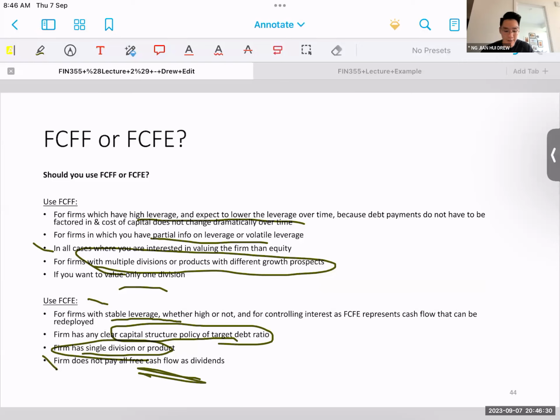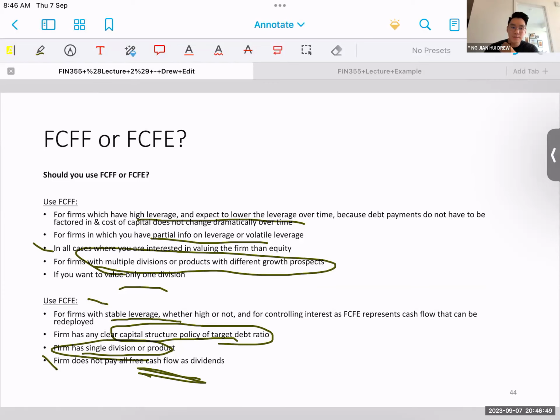Okay, real life example. You will really have to look at the firm in question, right?